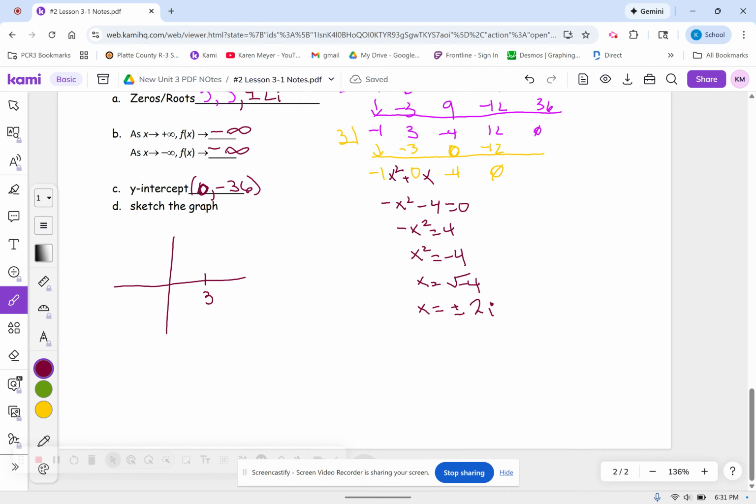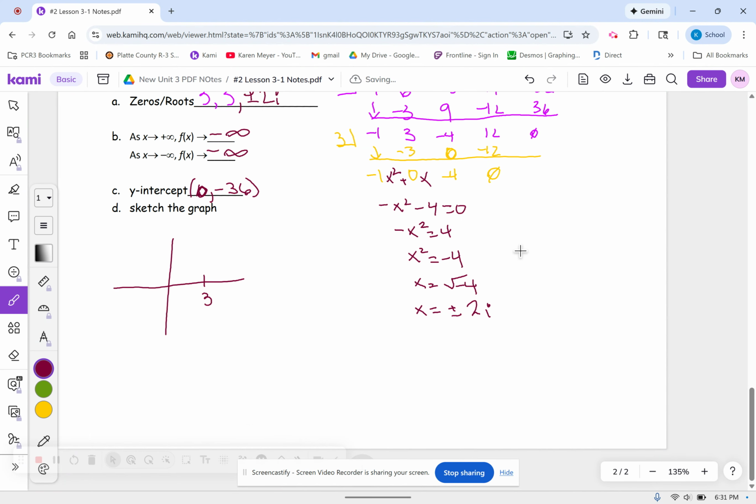If you have any imaginary roots, you cannot put them on the graph. So then here I have negative 36. And then you're just going to make it look like the calculator where we know it's going down on both sides. And this side we know it's going down and it makes a little funky thing over there. And then you're done.